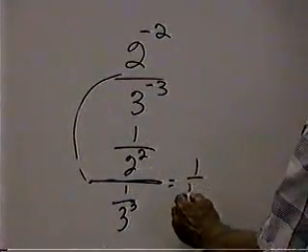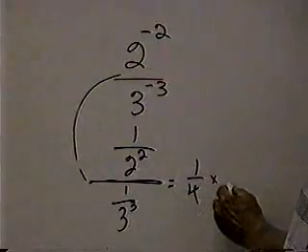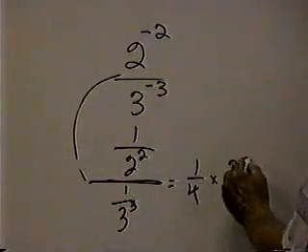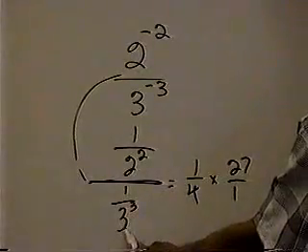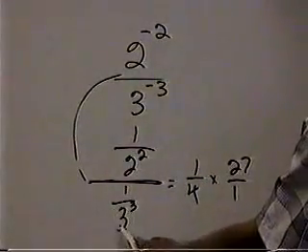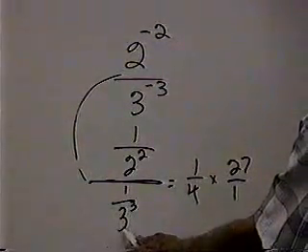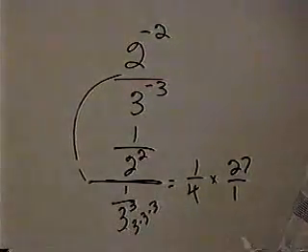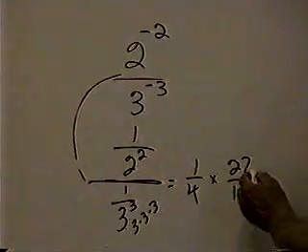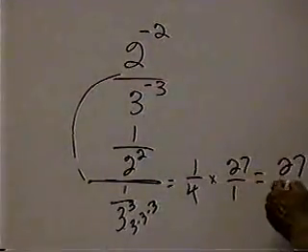So that's 1 over 4 times 27 over 1. This would be 27, 3 times 3 times 3. Not 3 times 3, but 3 3's. So final answer on this one would be 27 over 4.